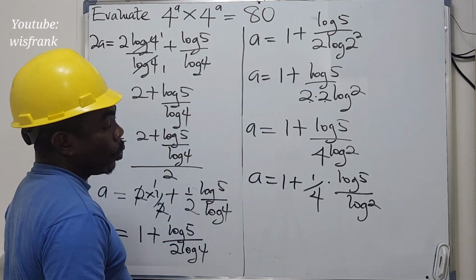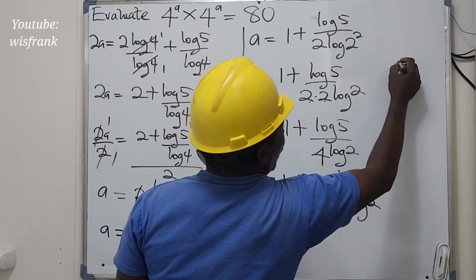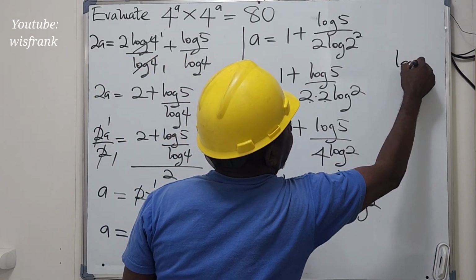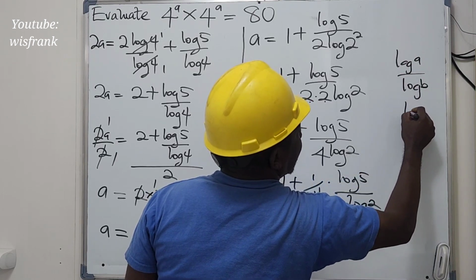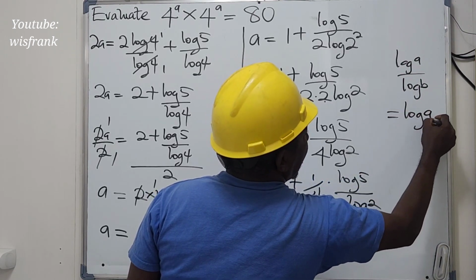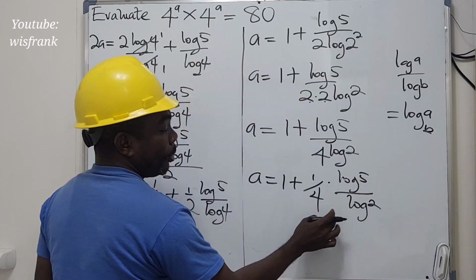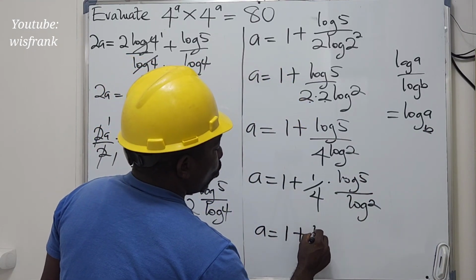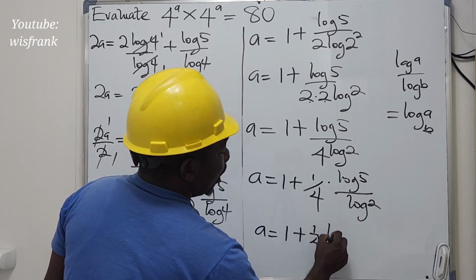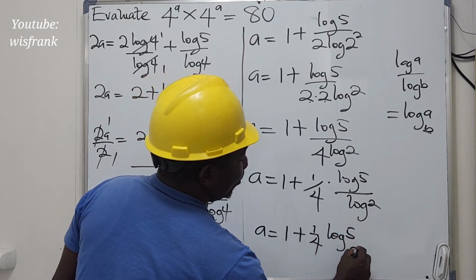And here we can write this. We recall that log A all over log B is the same thing as log A base B. So this can be written as A equals 1 plus 1 all over 4 log 5 base 2.